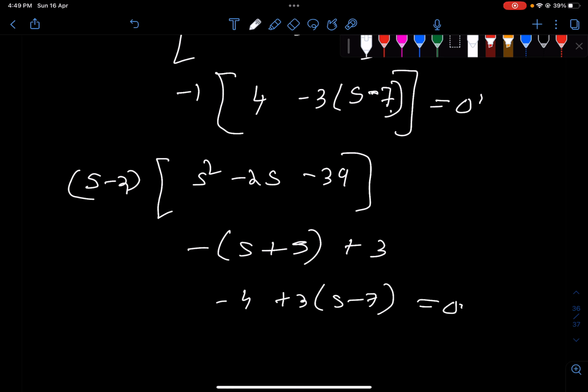You can open this and you will get a third degree polynomial. That will be the characteristic equation. You can solve that one. Let me... wait a second, okay guys. Just wait a second.